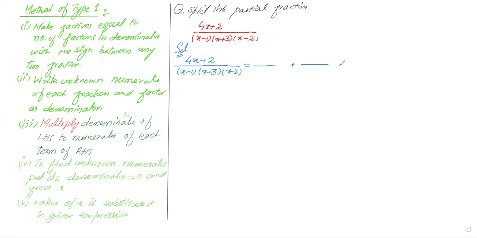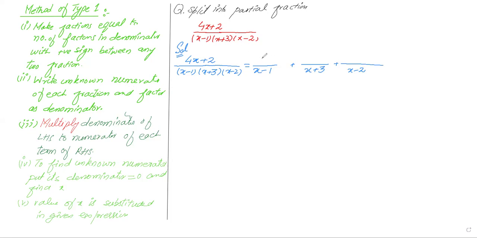And any 2 fractions must have plus sign. First factor you have to write under the first fraction. Second factor you have to write under the second fraction. And third factor you have to write under the third fraction. Write unknown numerators. We have no numerators.